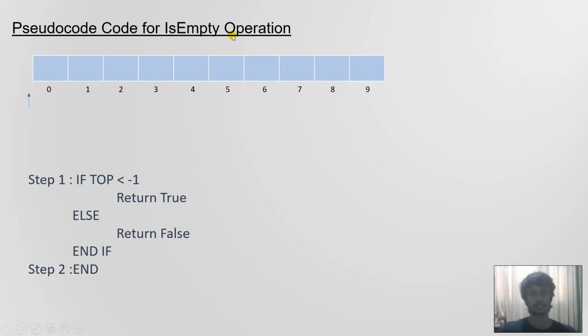Basically, the isEmpty operation, as its name says, checks whether our stack is empty or not. This is a very important piece of code, because when it comes to programming, most of the time we need to check whether our data structure is empty or not.